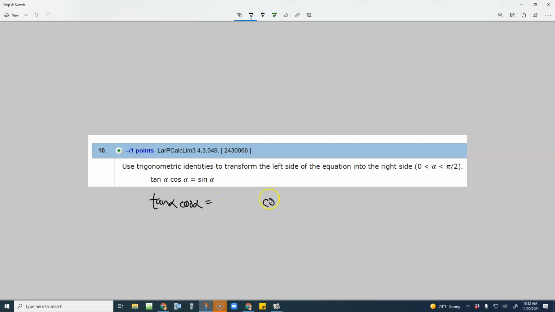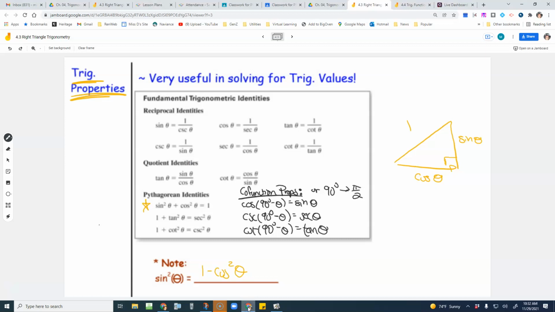So then cosine can't really become anything simpler, but tangent can. If I look at those properties I just talked about, tangent could be 1 over cotangent, which is super awkward, but sine over cosine could be really, really nice.